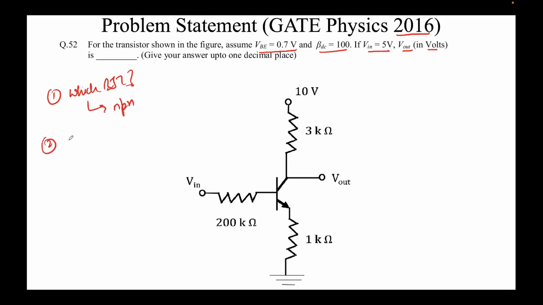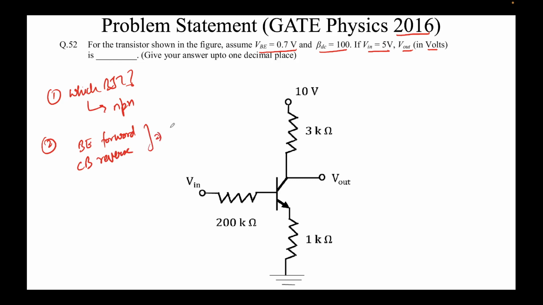Second thing we ask is, which mode is this BJT operating in? Now note that if we are given VBE equal to 0.7, this means that your base emitter is forward bias. But the question does not say anything about the collector base junction, so we'll assume that collector base is reverse bias.